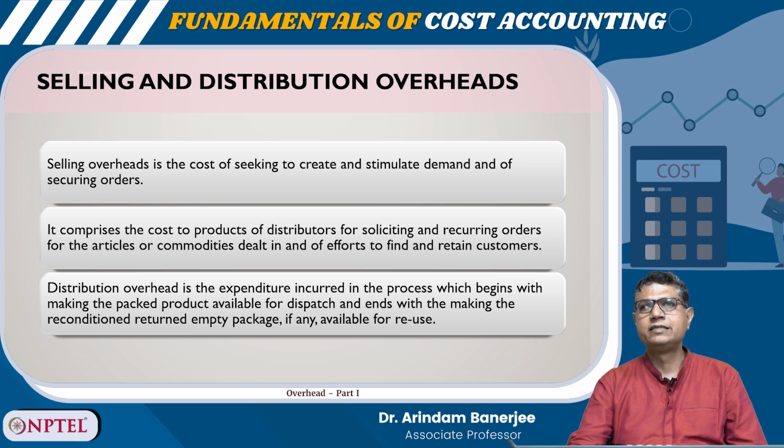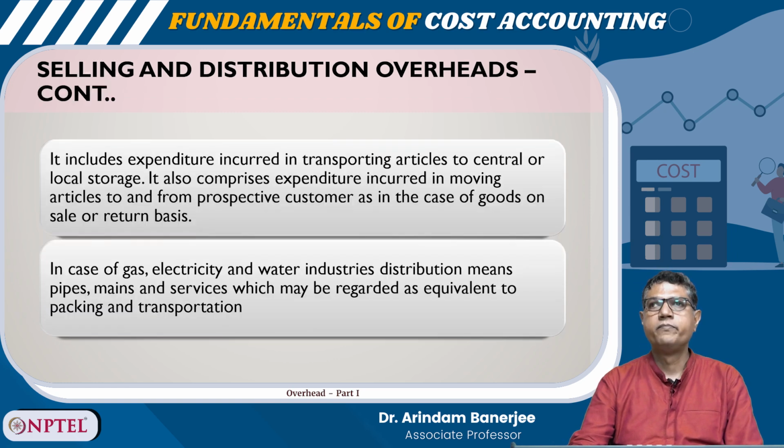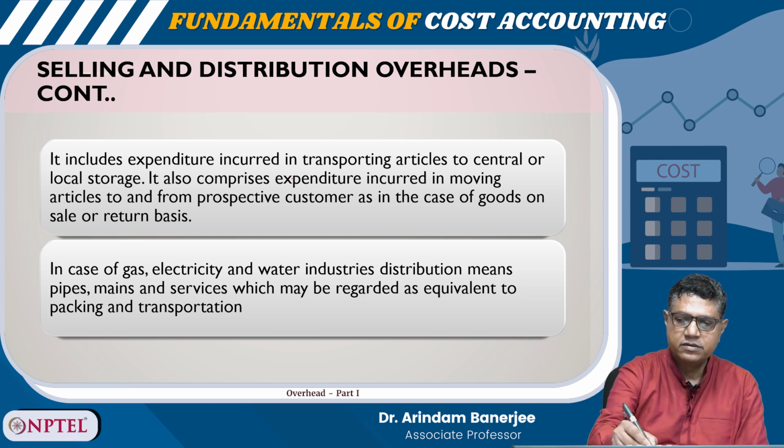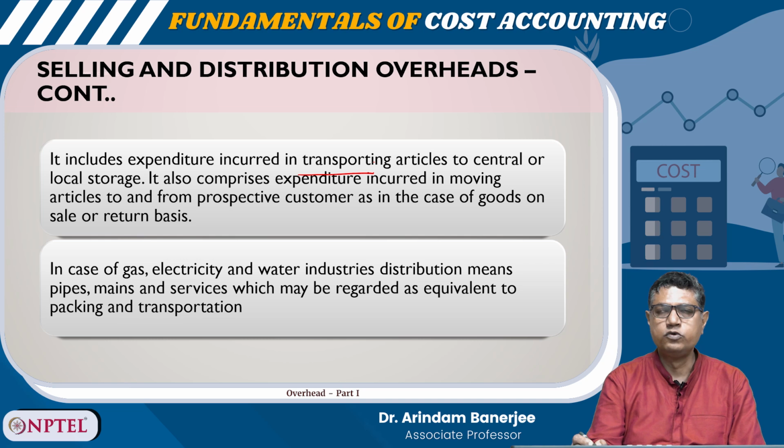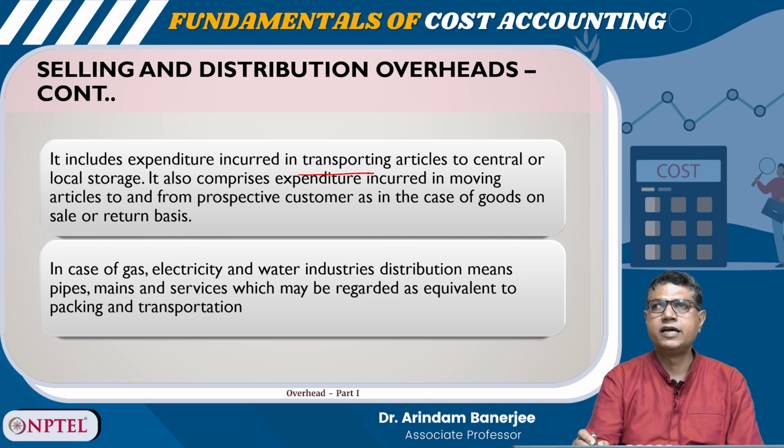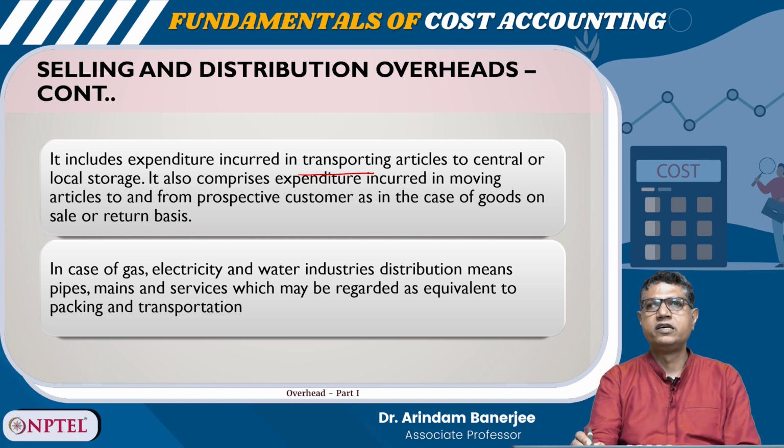So, distribution overhead is the expenditure incurred in the process which begins with making the packed product available for dispatch and ends with making the reconditioned, returned empty package, if any, available for reuse. So, selling and distribution overhead includes expenditure incurred in transporting articles to different storehouses, in moving articles to and from prospective customers, as in the case of goods on sale or return basis.